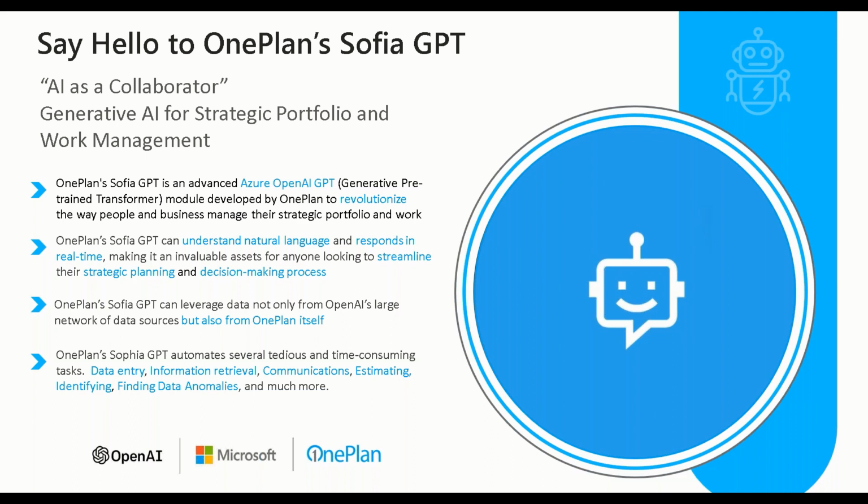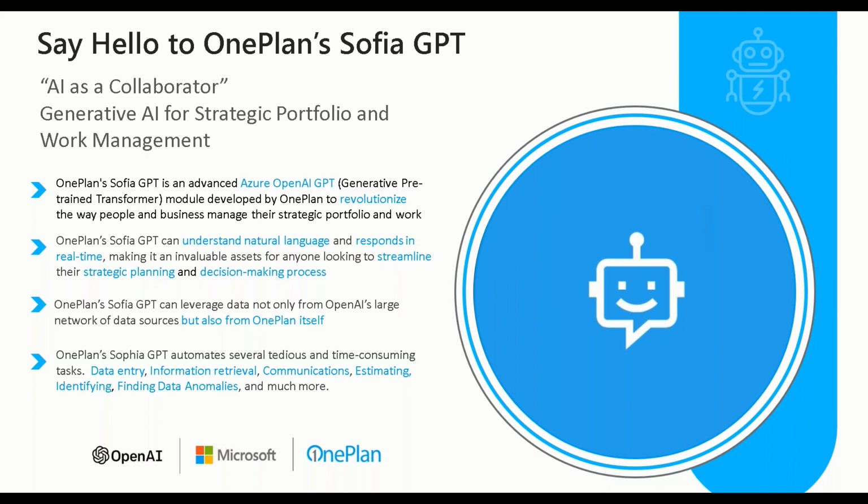As a natural language model, it's going to respond in real time. If you've used any of this already, it's very similar to the ChatGPT experience. And what we want to do is to streamline all of the use cases within SPM, which deal with strategic execution management, the EPMO scenario, and IPA.